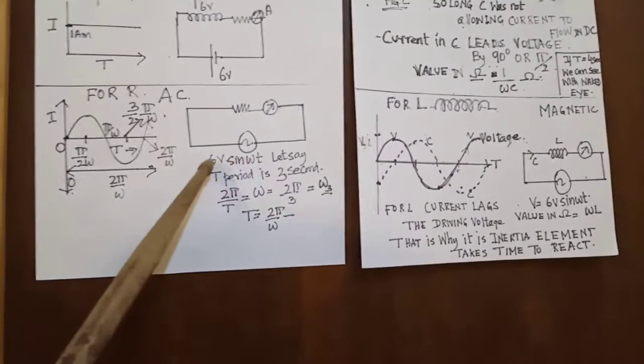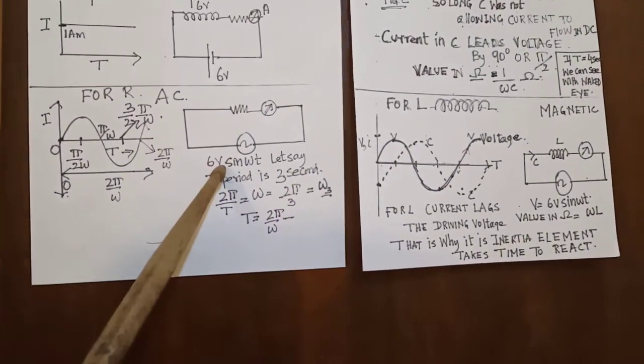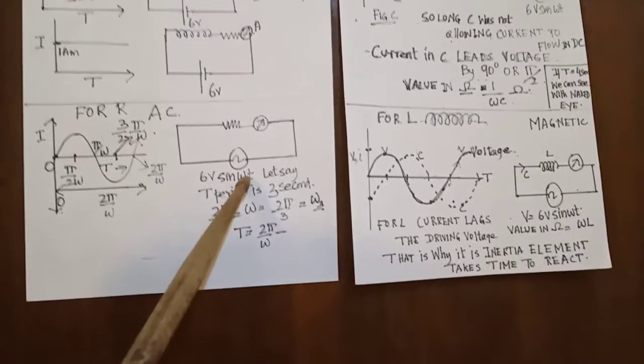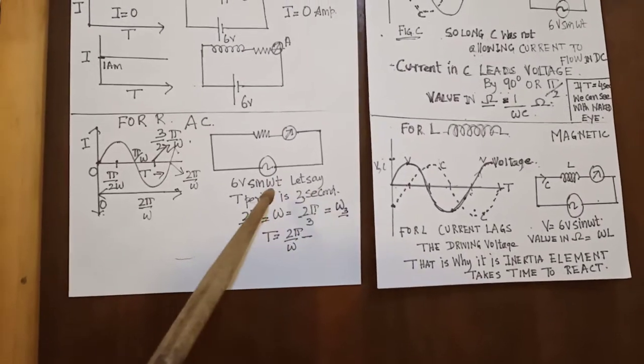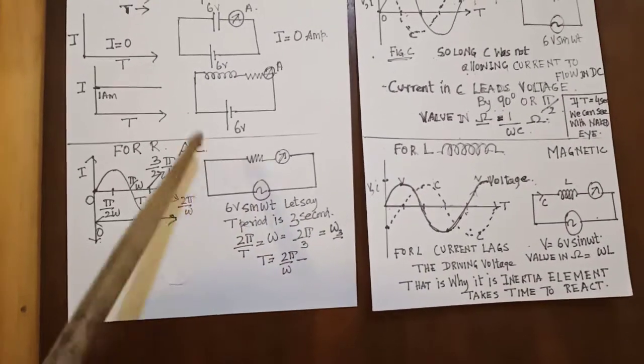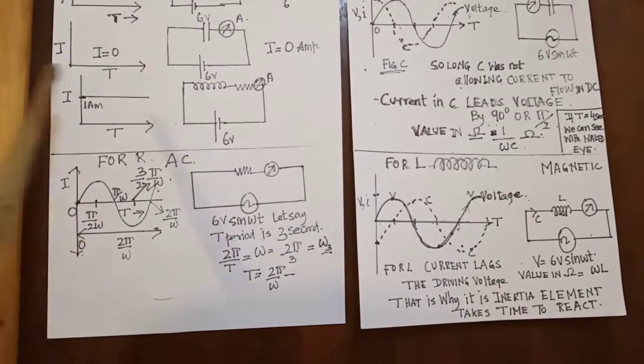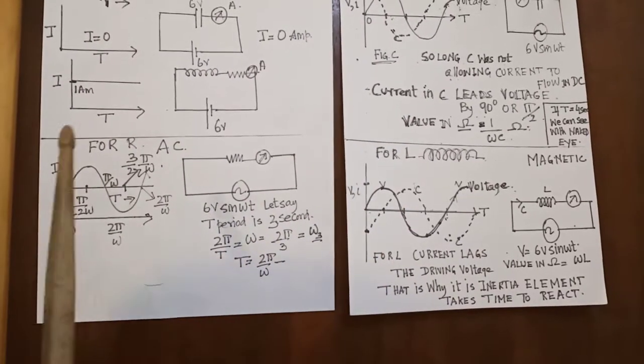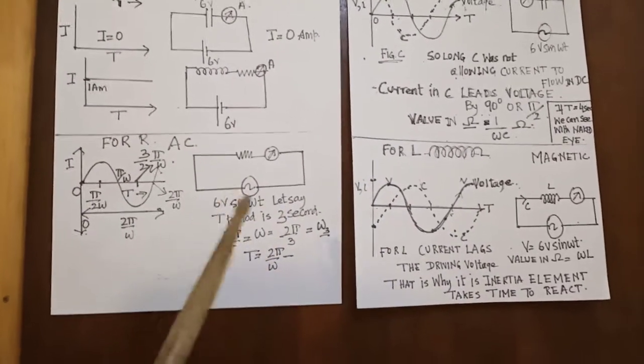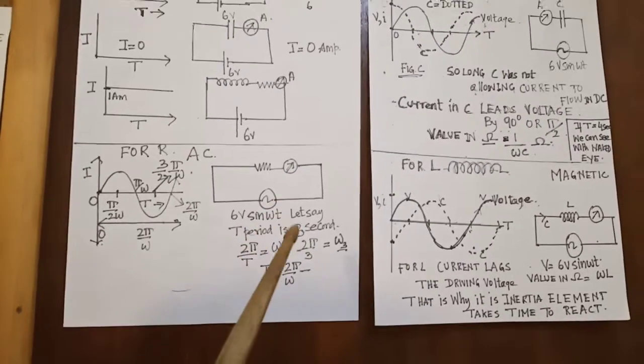Now, come to alternating current. Suppose now you have got 6 volt sine omega t. In order to see the movement of the ammeter or the voltmeter, we cannot use AC of 50 cycles.